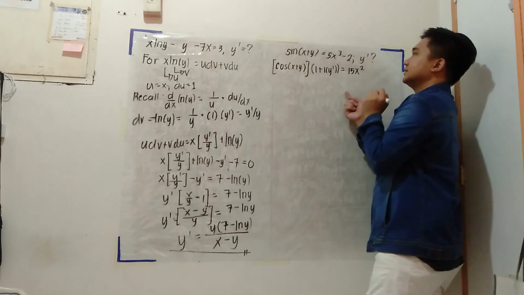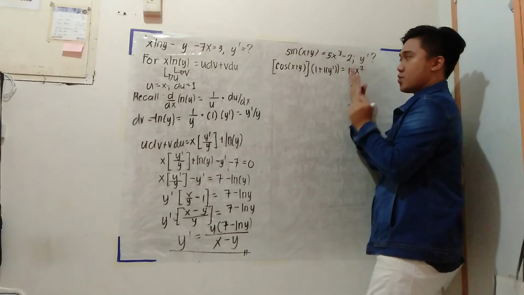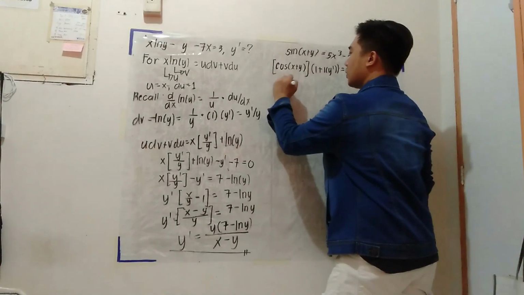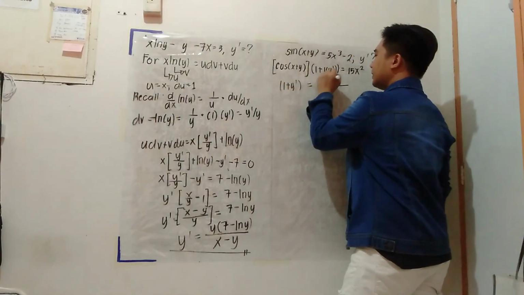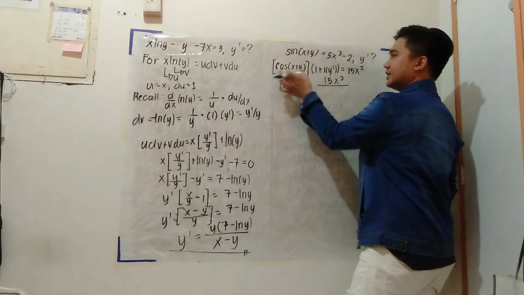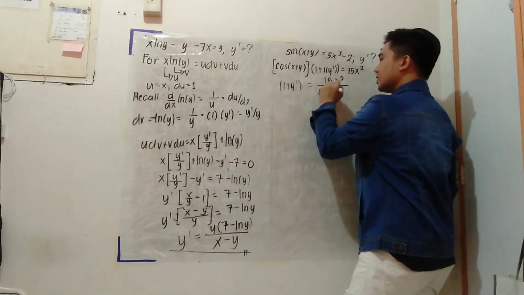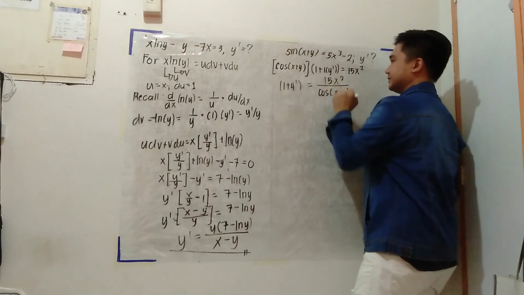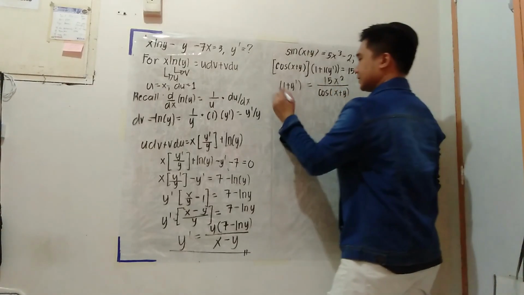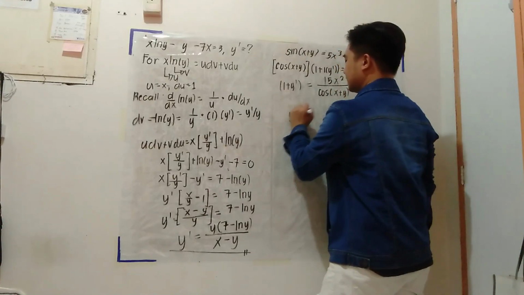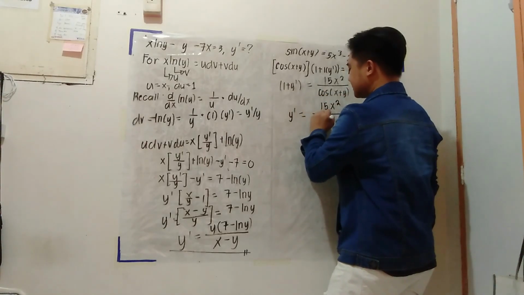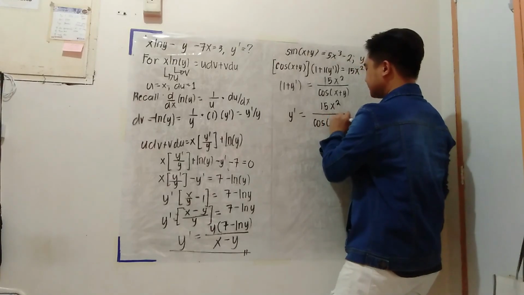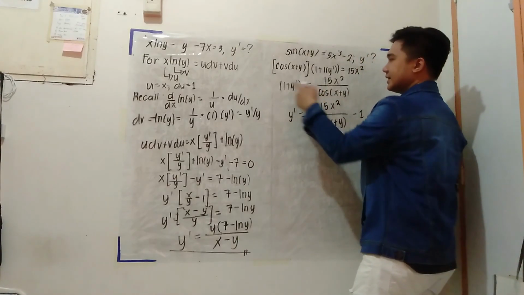15x squared. Derivative of 2 is 0. So, I have here 1 plus y prime equal to 15x squared divided by cosine of x plus y. Okay? So, I have y prime equal to 15x squared all over cosine of x plus y minus 1.